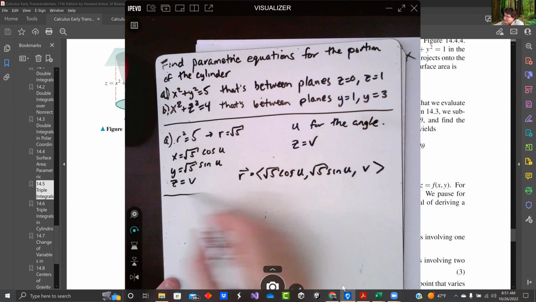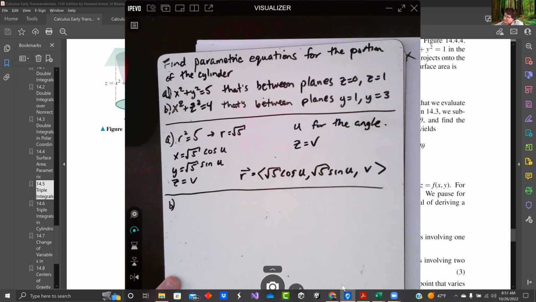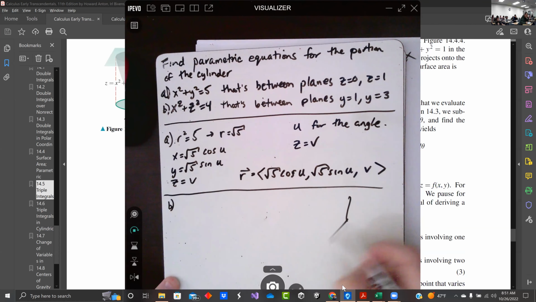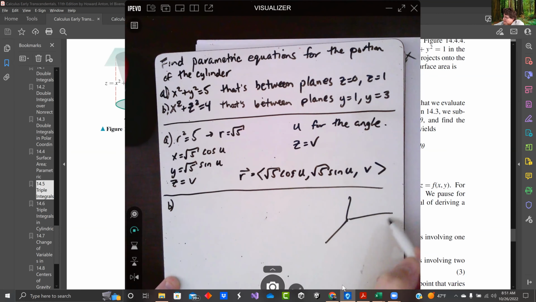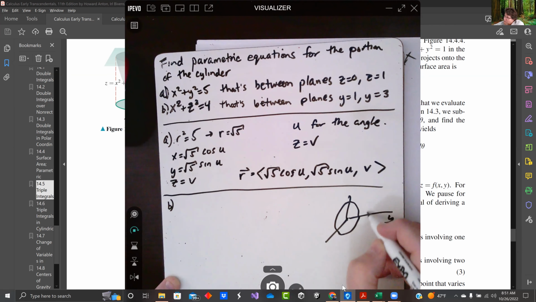So what about B? Doing one at a time. X squared plus Z squared is in this. It's in the xz plane. It's a circle in the xz plane. And we're going from y equals 1 to y equals 3.